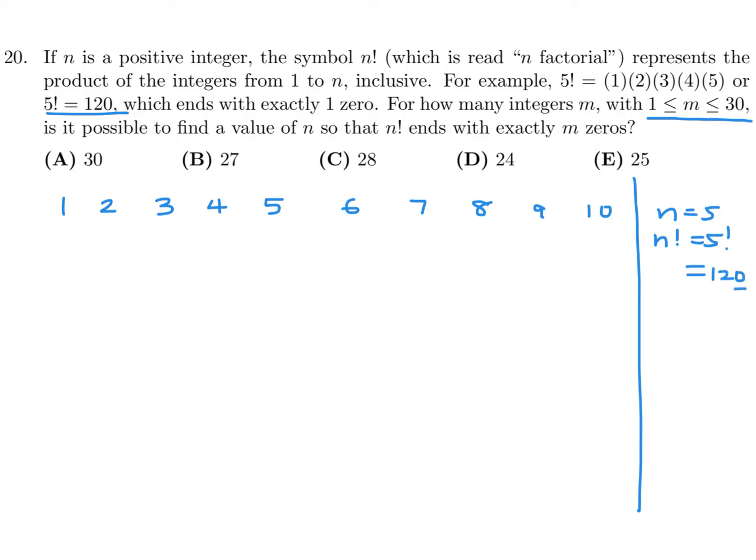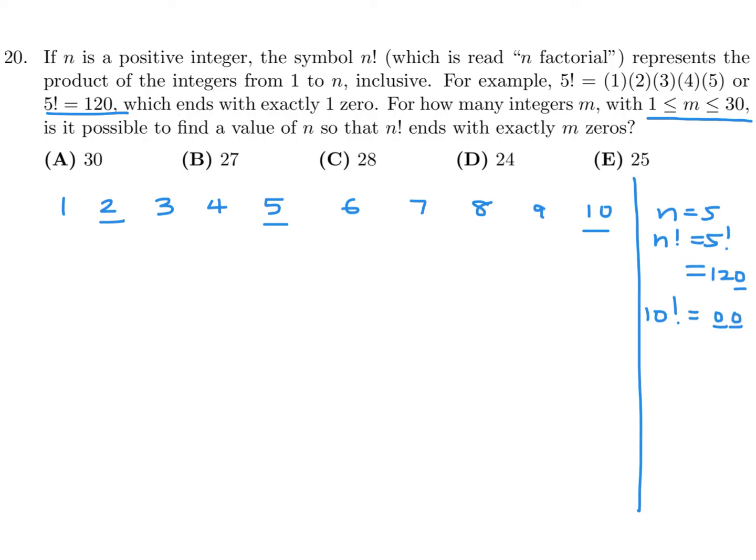Got it? Now, the only way you're going to get 2 zeros is if you have another 10 in the multiplication somewhere. And you can have a 10 in the multiplication by having either a multiple of 10 or a 2 and a 5. Okay? So, for example, here we got another 10. So if I did 10 factorial, whatever 10 factorial is, I'm pretty sure that's going to end in 2 zeros.